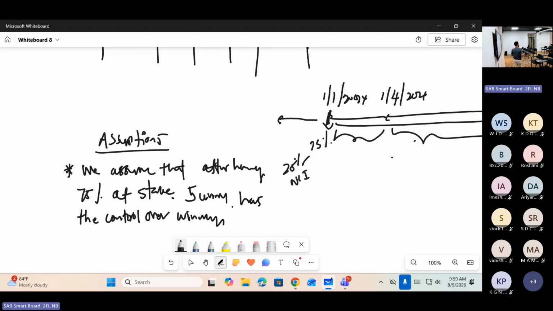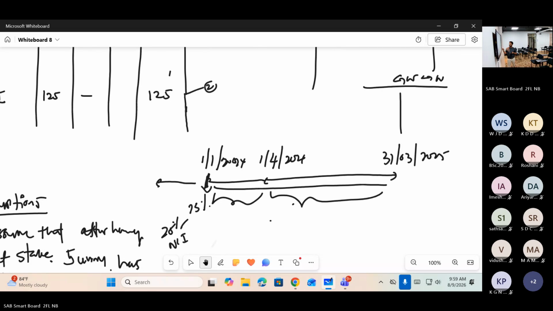We assume that we are having the control, right? We assume that we have the control. We assume that after having 75% of the stake, Sunny has the control over Winnie.